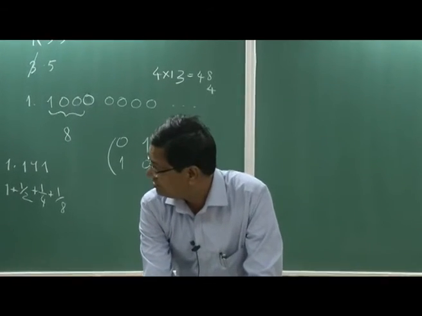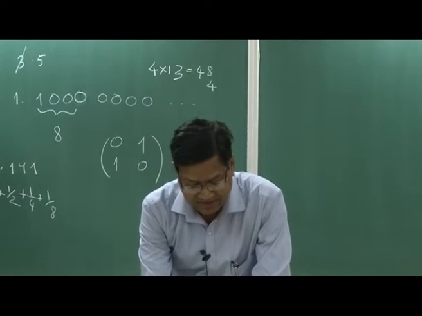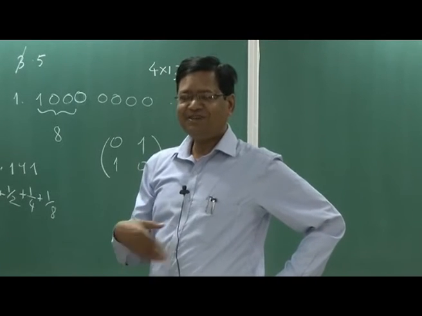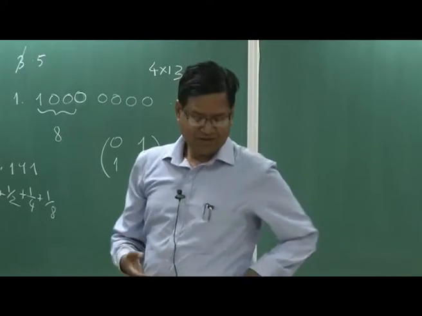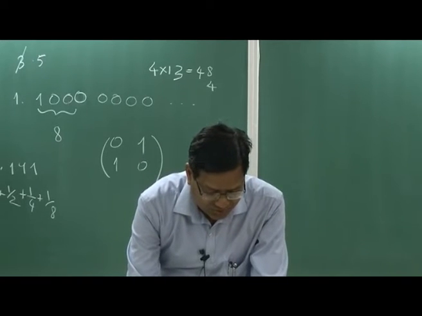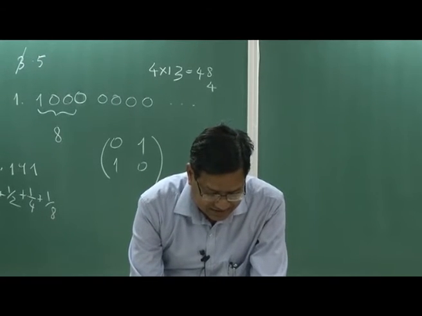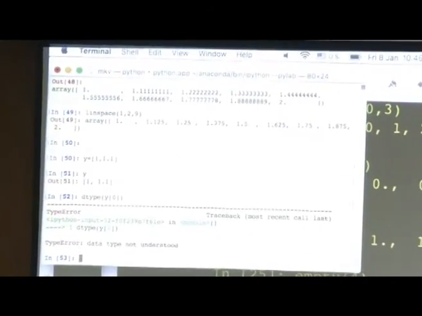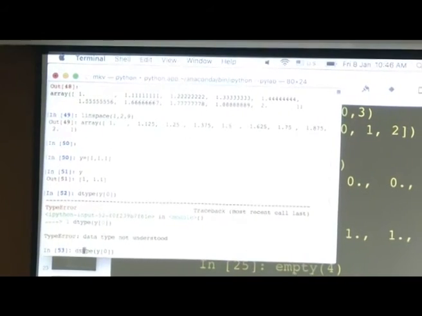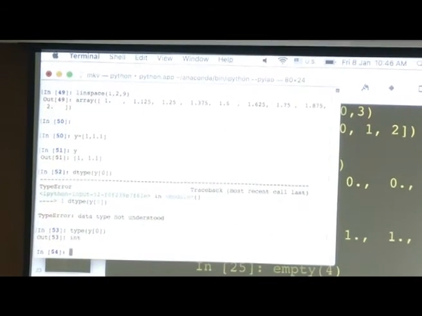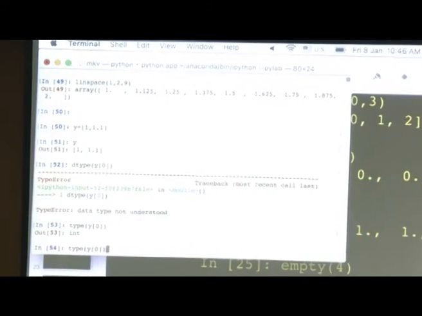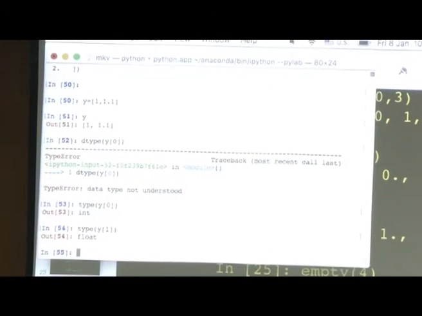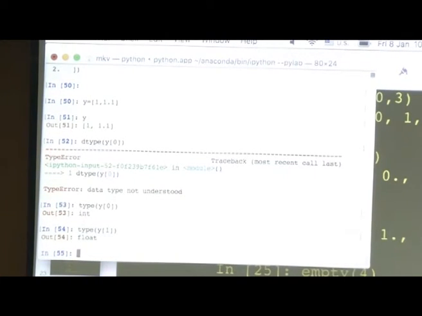This is fine, but it will convert 1 to 1.0. It does something inside. You can check the dtype. To get the type we use this. Right now it is storing an integer and a float, but when required it will change.